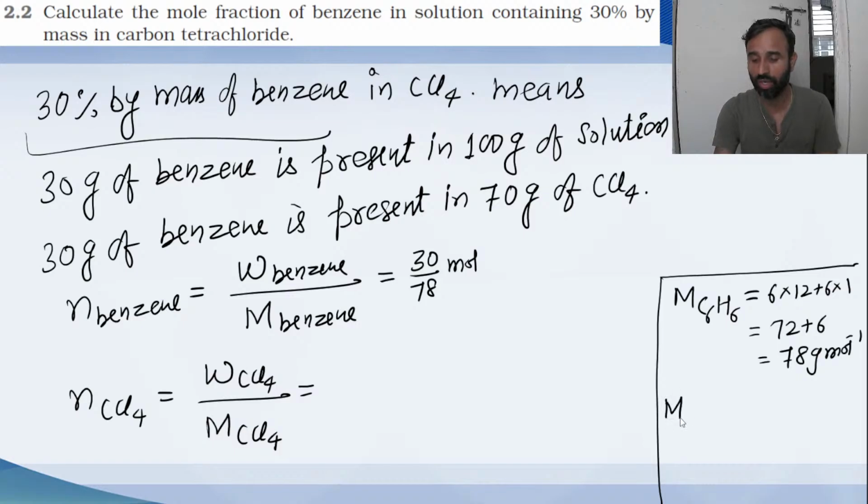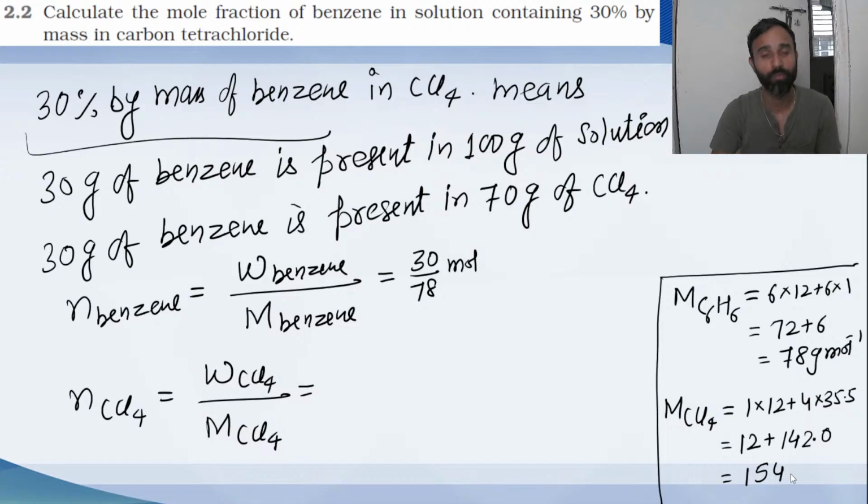So molar mass of CCl4 is equal to 1 into 12 plus 4 into 35.5, that is 154, right? So it is 70 divided by 154 mole.